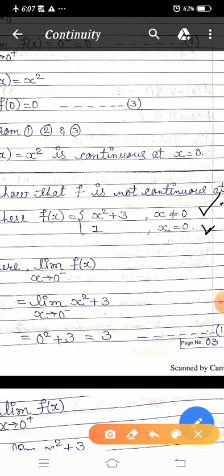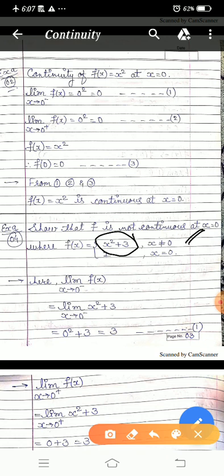What does it mean? Whenever we take the value of x equal to 0, we put the value of function f of x equal to 1, and whenever we take any value of x other than 0, the function will be x square plus 3.